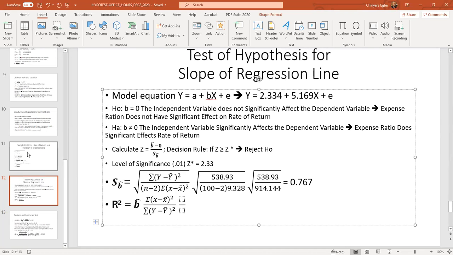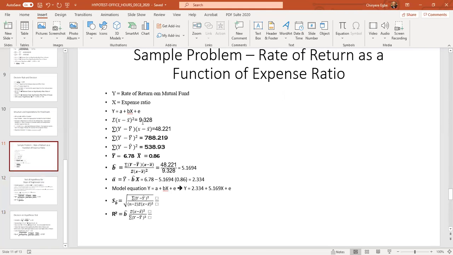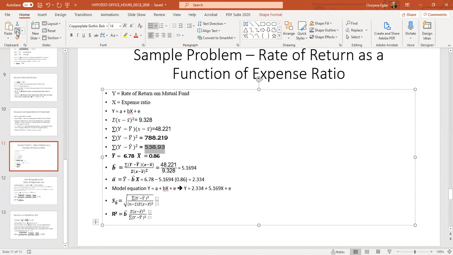Summation x minus x bar squared is 9.328. Okay. Summation y minus y bar squared is 538. So let's just get that out of the way. Okay, 9.328.